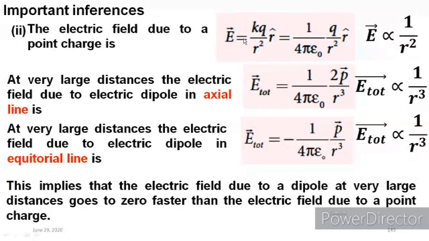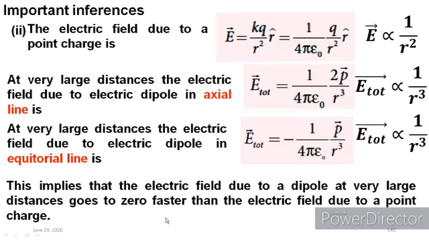We have considered the electric field due to a point charge: 1 by 4 pi epsilon naught into q by r square into r cap. That is, the electric field varies inversely as the square of distance. But in case of axial line and equatorial line, the electric field varies inversely with r cube.